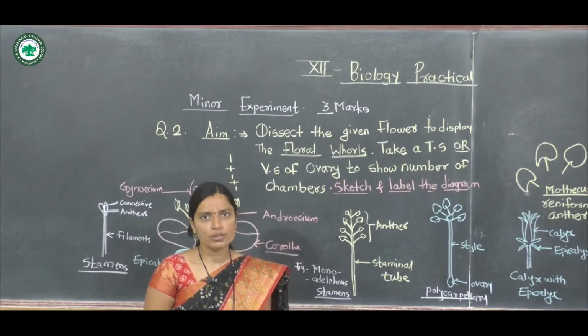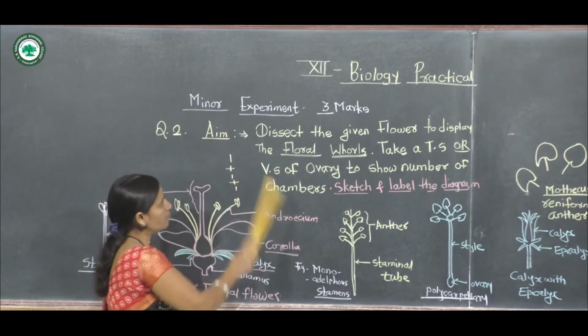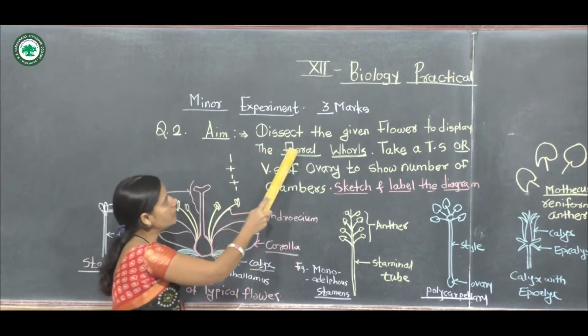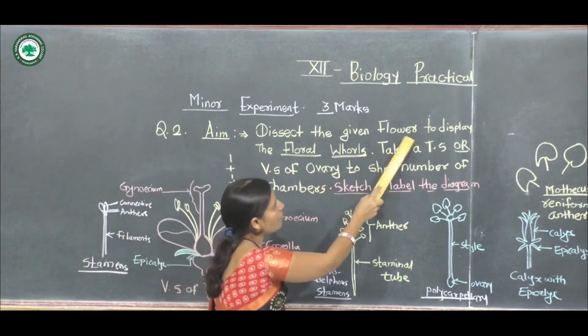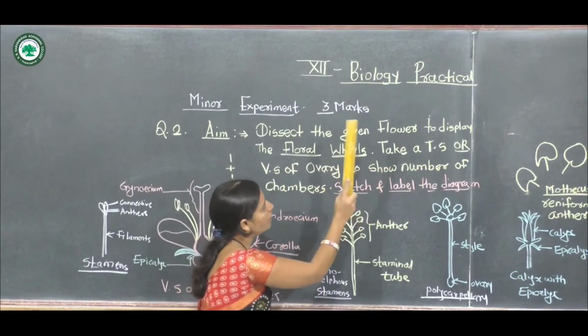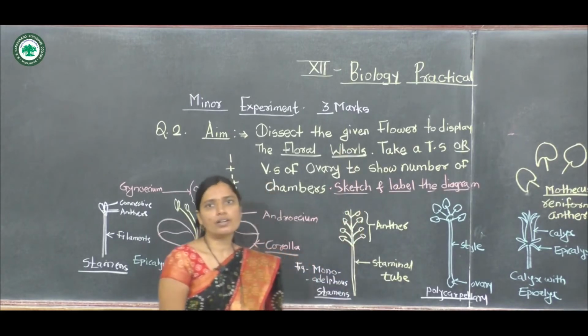Question number 2, minor experiment, 3 marks. The aim of this practical is to dissect the given flower, display the different whorls of the flower, take a section, and sketch and label the diagram.